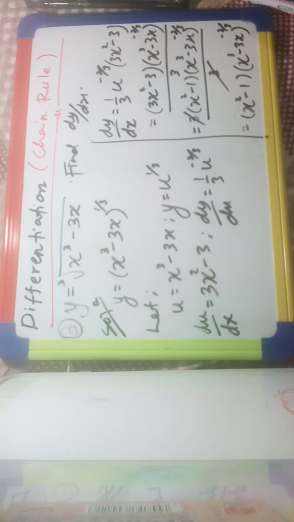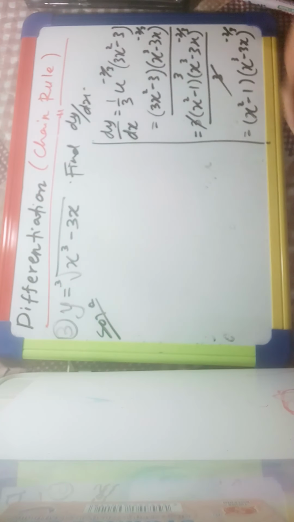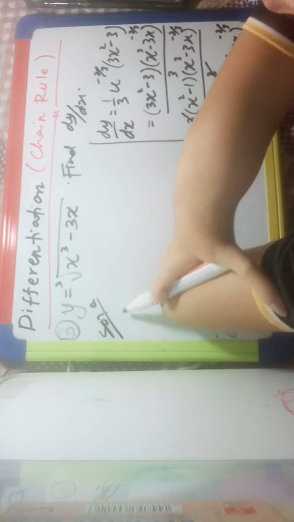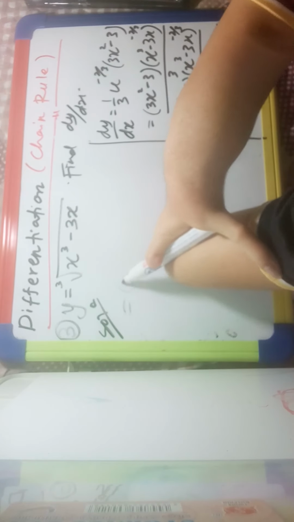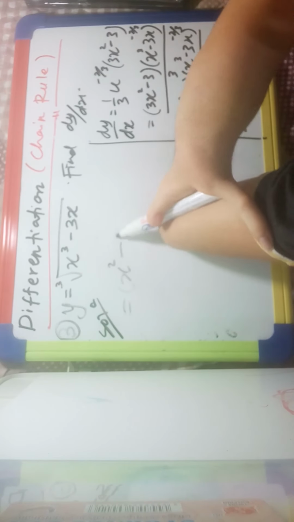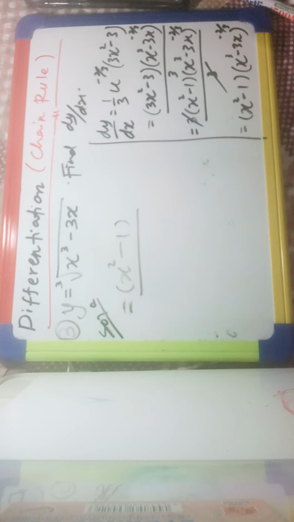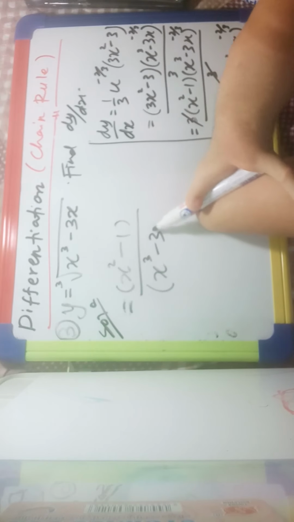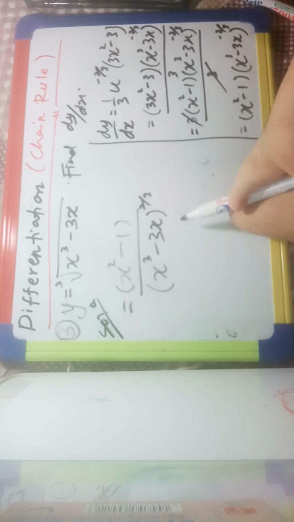Okay, then last, we write over here our final answer, our last final answer equal to, okay, rewrite again. So x square minus 1, this time I am going to bring down the power because this is power negative. We bring down into the denominator, it will become x cube minus 3x the power of 2 over 3.